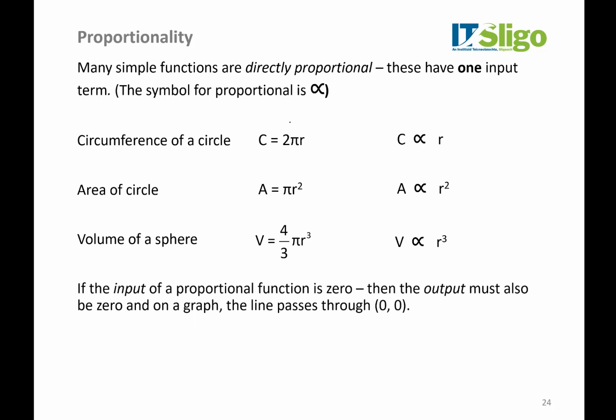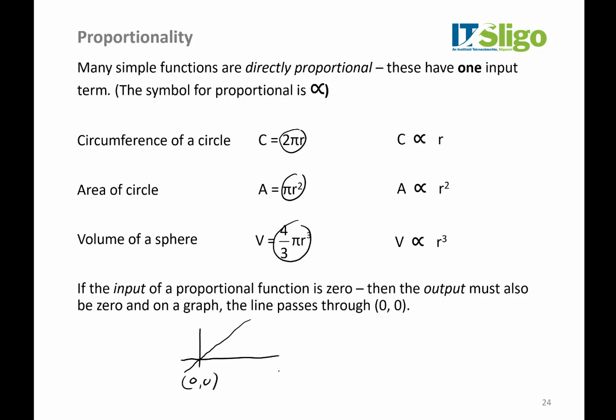Now, when we only have a single term on the right like this, these are the only scenarios where your graph will pass directly through 0, 0.